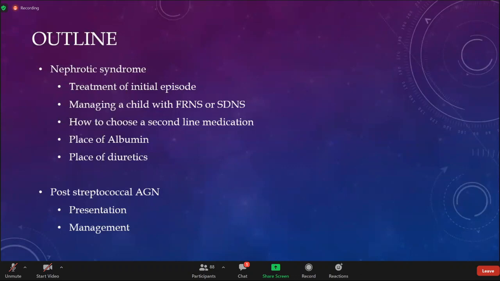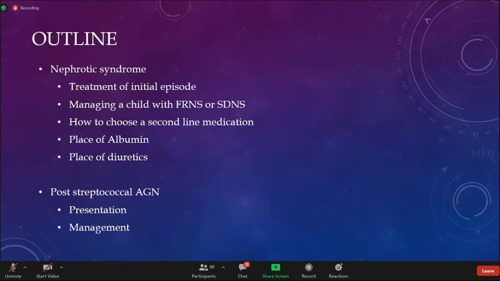Therefore, in post-streptococcal acute glomerular nephritis, you are in a state of hypervolemia. Nephrotic syndrome is a state of hypovolemia. Post-streptococcal glomerulonephritis is a state of hypervolemia. That's a concept you should understand very well.